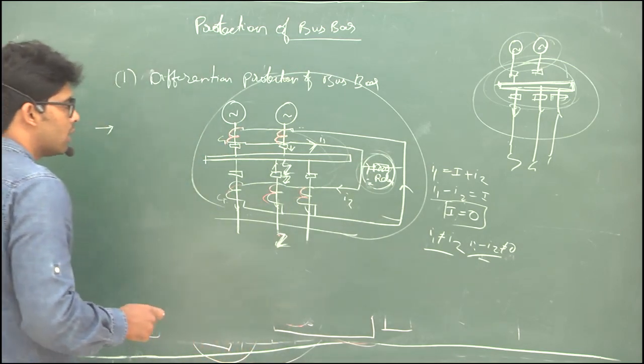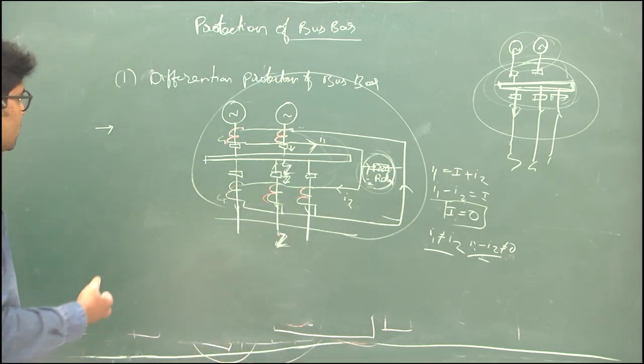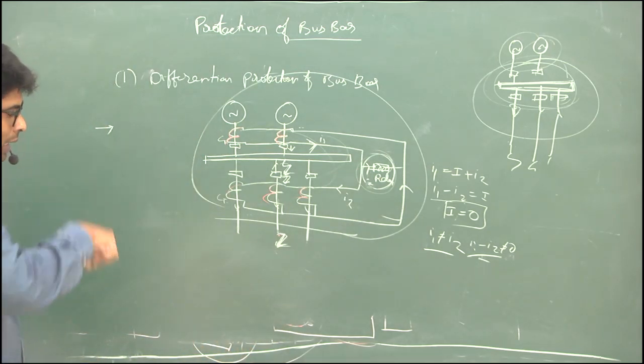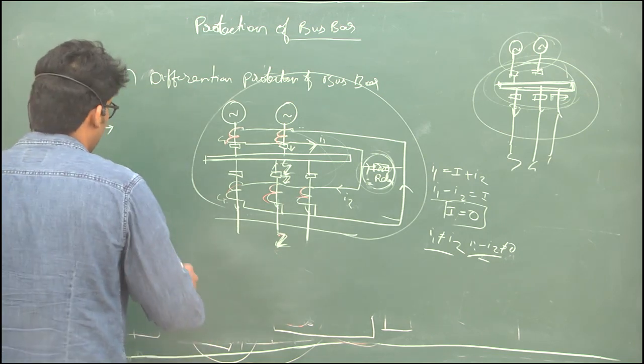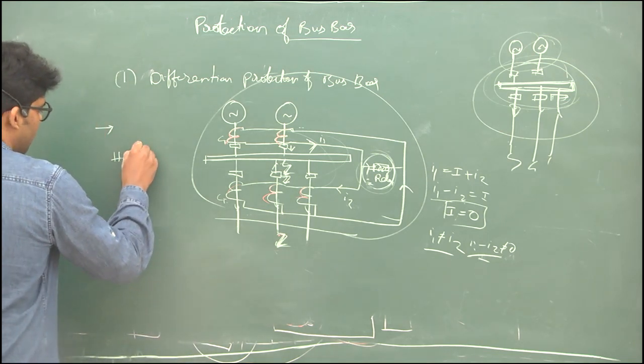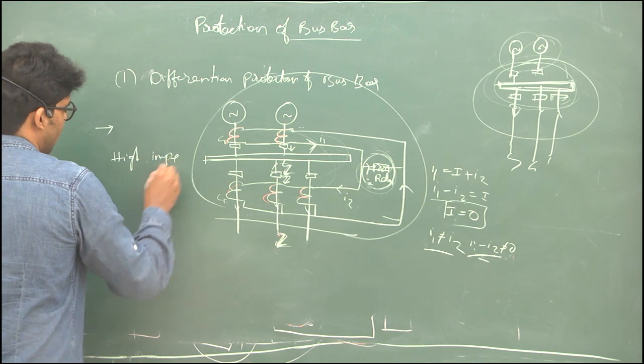So we generally don't use differential protection for the bus bar. For that we move to the high impedance relay. We use a high impedance relay or a biased relay.